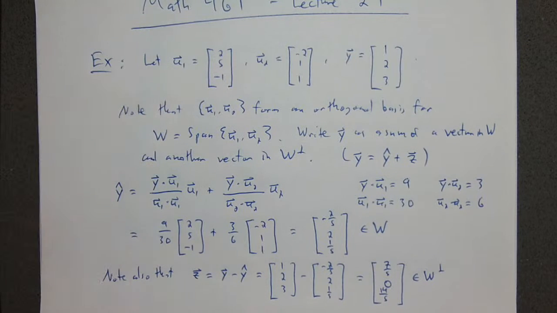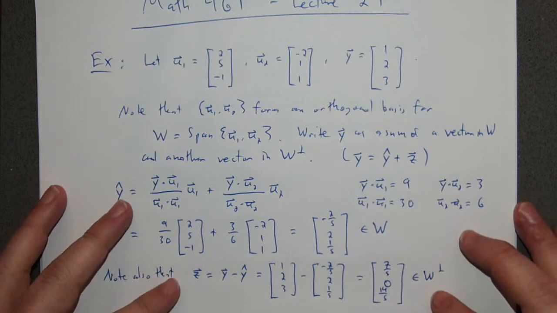The proof of this comes from the proof of the orthogonal decomposition theorem, which I didn't do, but it tells you why this works. The theorem guarantees that this is always in W perp. This is just a nice check. Just because it's perpendicular to this vector doesn't mean it's perpendicular to every vector in W, but it should at least be perpendicular to that vector.